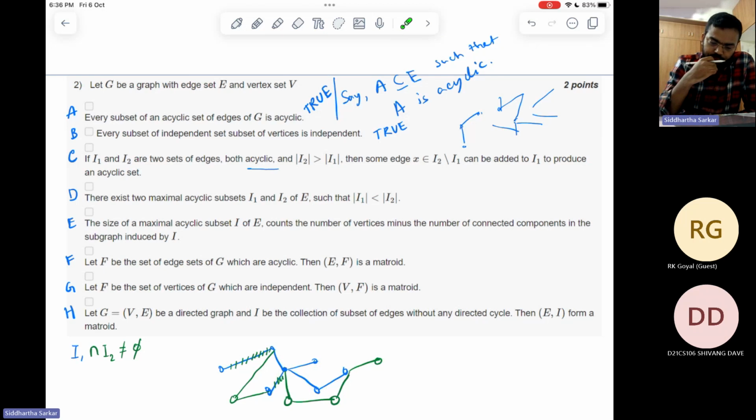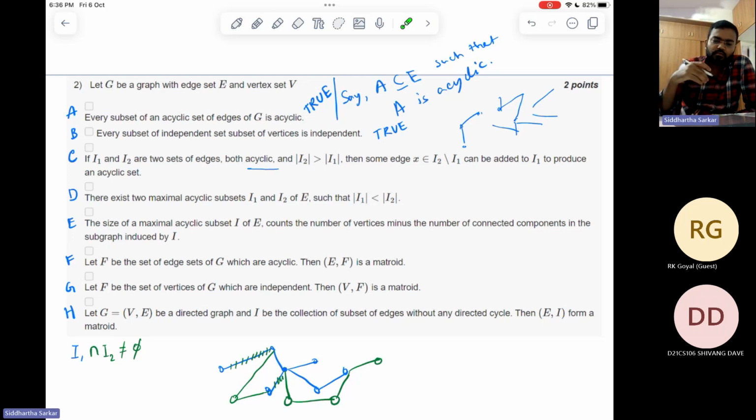In this case, let us say the blue edges are in I1. There are 6 blue edges. The green edges are in I2: 1, 2, 3, 4, 5, 6, 7, 8. So 8 green edges and 6 blue edges. Either of these two green edges you can add to the existing I1, and it is still going to be acyclic.